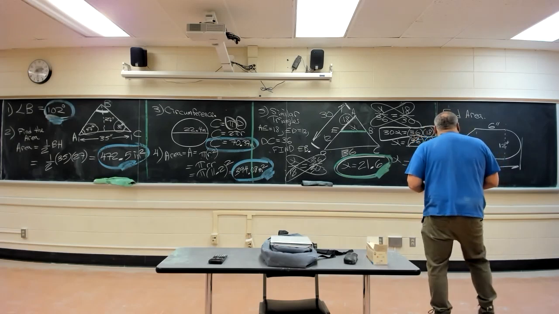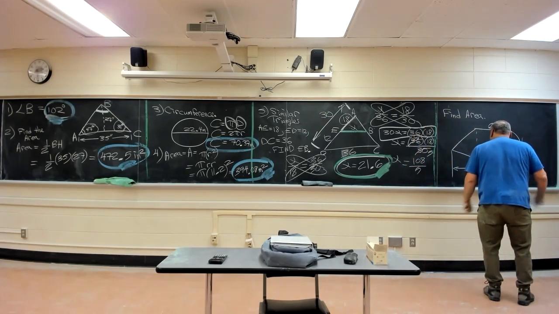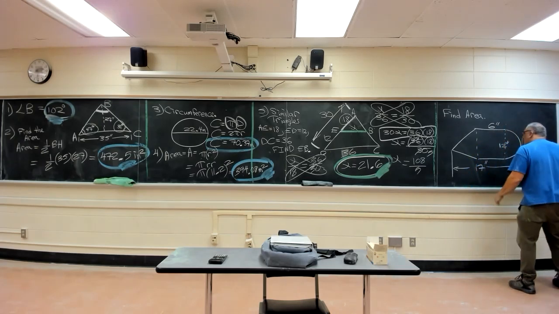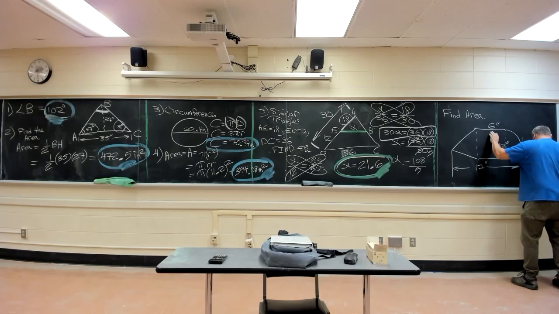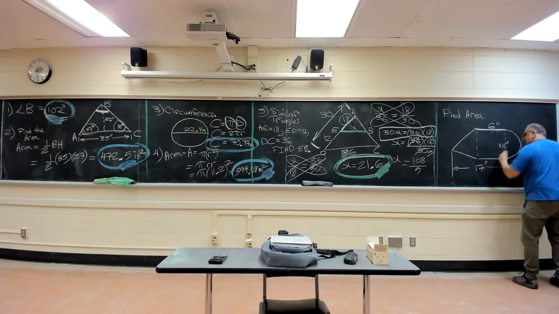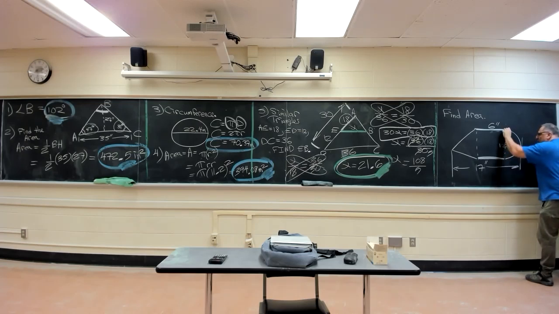Let's go to 6. Area around to hundredths. This is kind of an interesting dynamic here, you guys. If this thing right here is 6, it's not drawn to a good scale, but if this is 6, and if this thing is 12, then this is another 6, right? 12 is the diameter of the half circle, so 6 is what's going on over here as well.